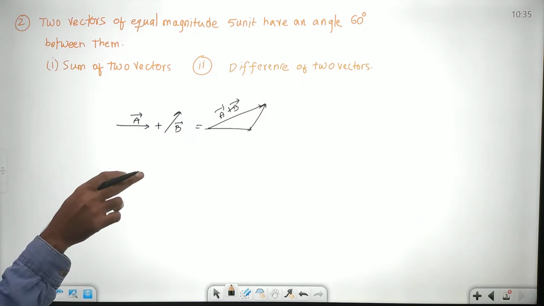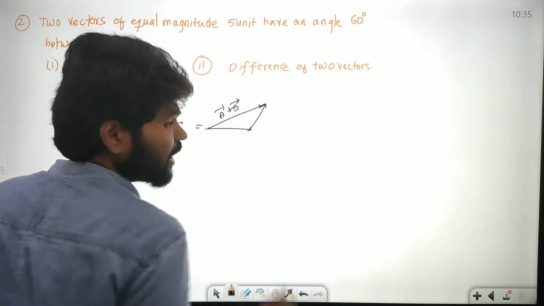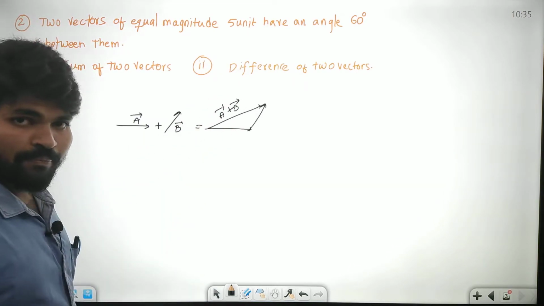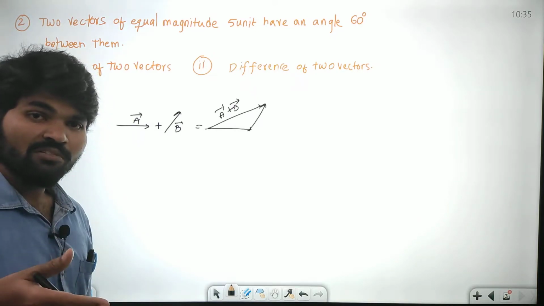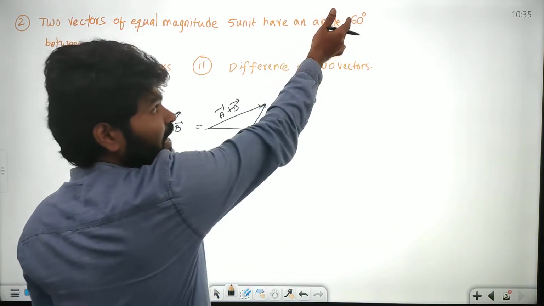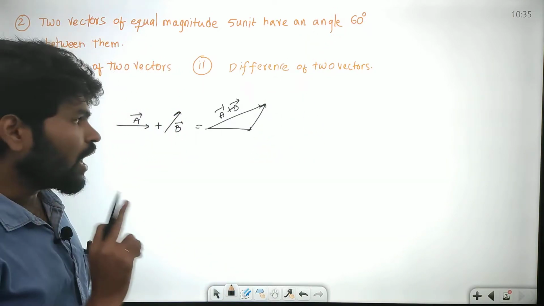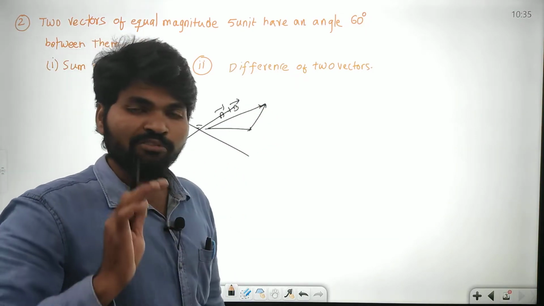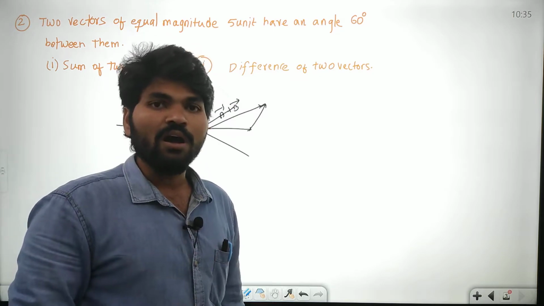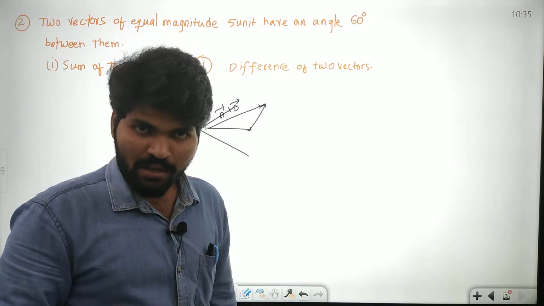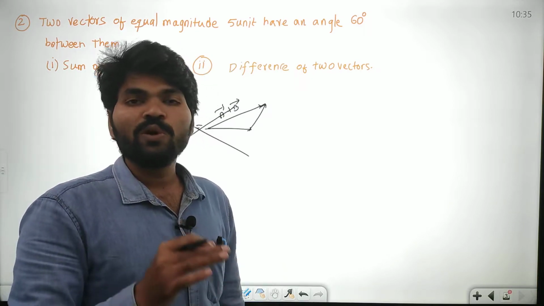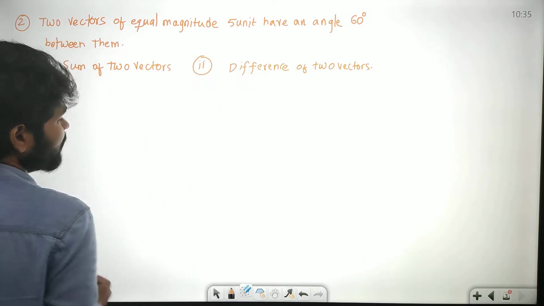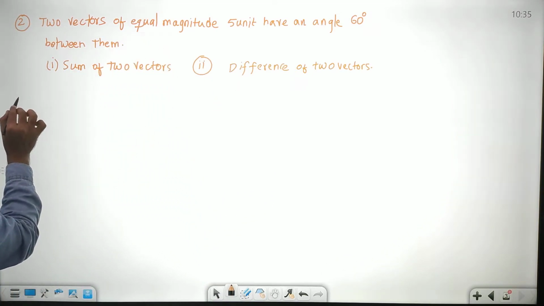Only when he didn't mention theta can you write vector A plus vector B. But when he includes the theta value between the vectors, then you should not use this concept. You have to use the formula for magnitude, that is square root of A square plus B square plus 2AB cos theta, and for direction, tan alpha equals B sin theta divided by A plus B cos theta. Okay, right.